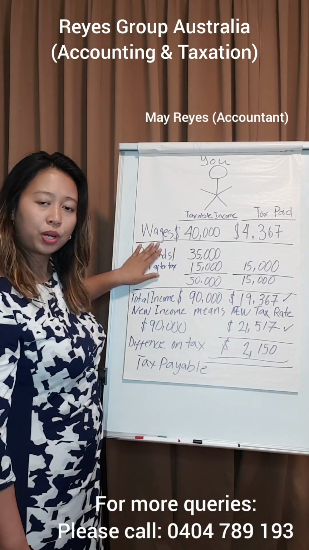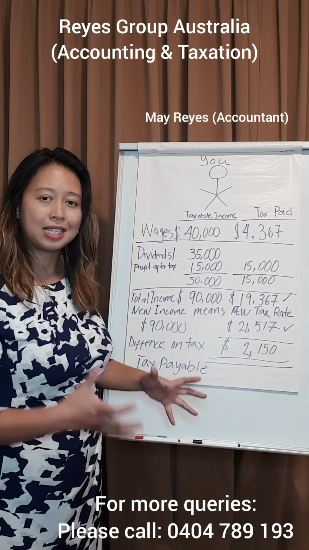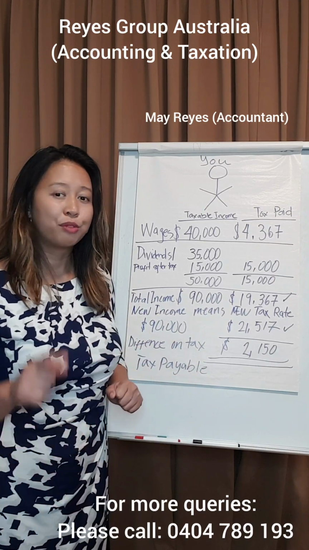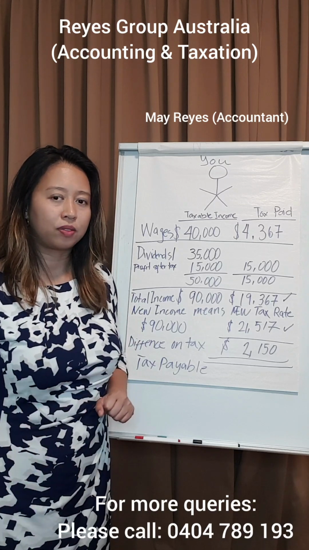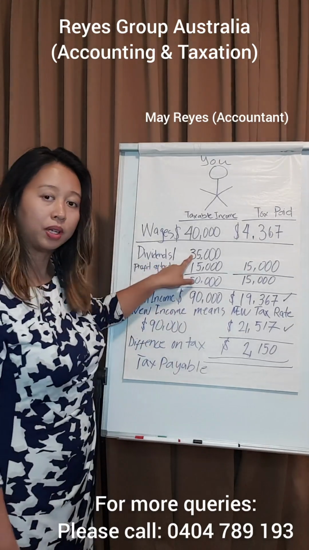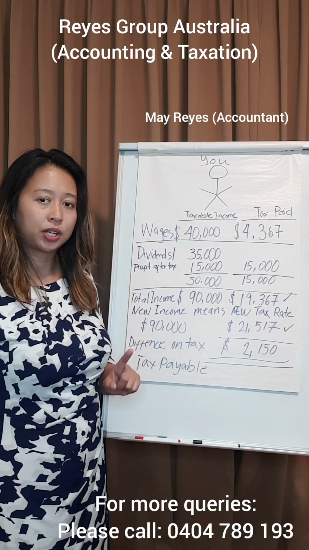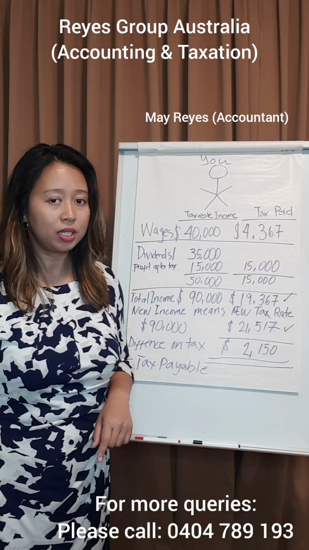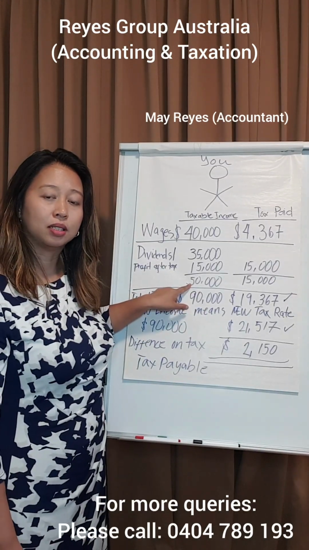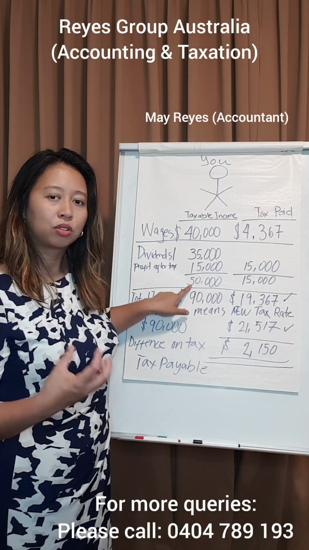And you, as the director, would also like to take all the money sitting in the bank account as part of your dividends. Remember, there is 35,000 sitting in your company's bank account. But how much are we going to add as part of your income? Not the 35,000, it is the 50,000. In terms of accounting, we call it grossing it up.